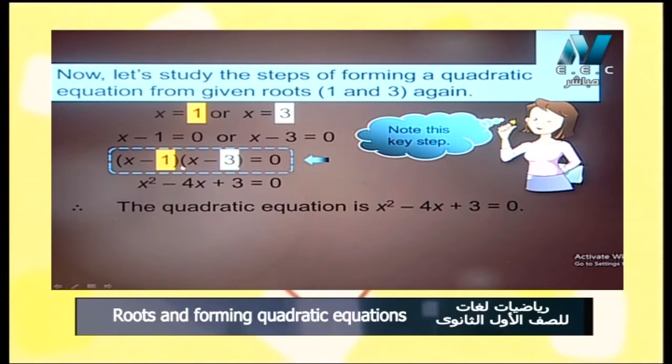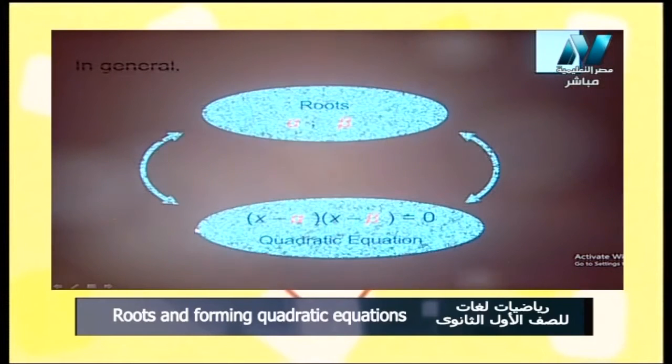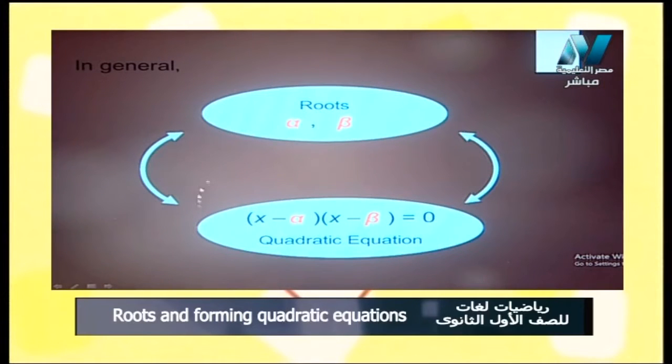We put x minus 1 in one bracket and x minus 3 in the other bracket. If we have roots alpha and beta, I know that you used to use the letters L and M. It doesn't matter. You can use any letters.